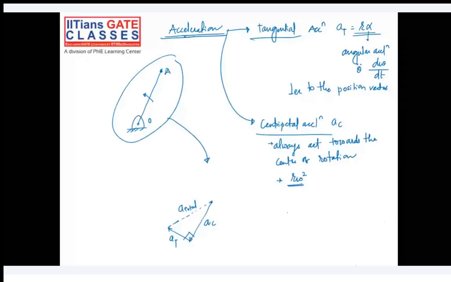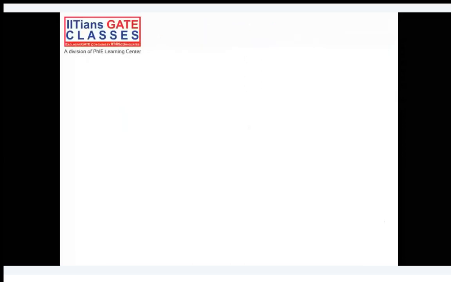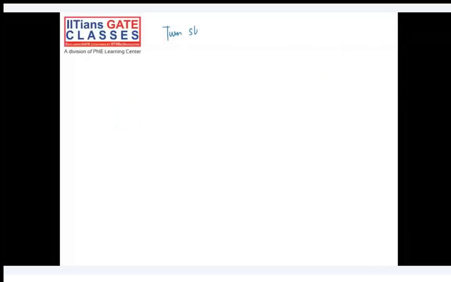Fine, so let's call this point A, and we have, let's say, P and Q points. P is on the link, and let's say Q is the same point but on the slider.